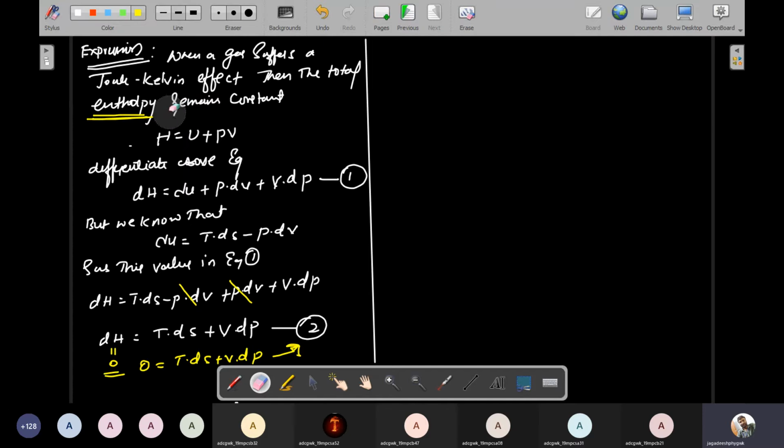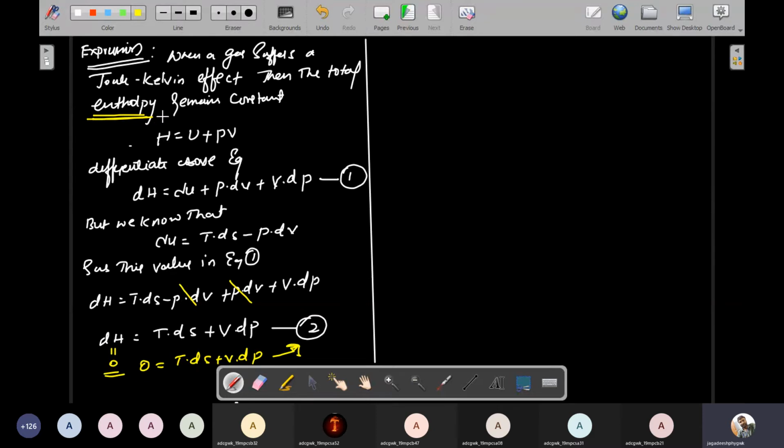Now I'll explain the second part. So we will get equation 1 and equation 2. Equation 2 comes from dH, the change in enthalpy, which is always equal to 0, because when a gas undergoes the Joule-Kelvin effect, the total enthalpy remains constant.